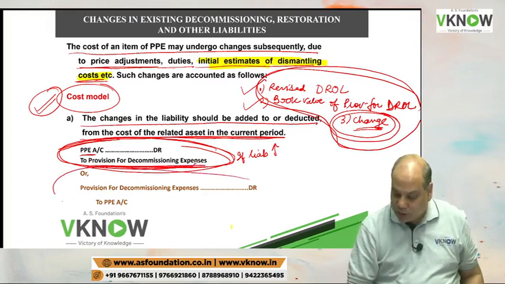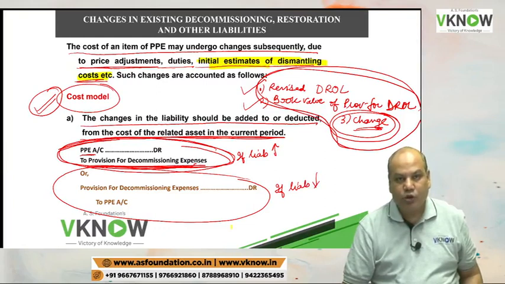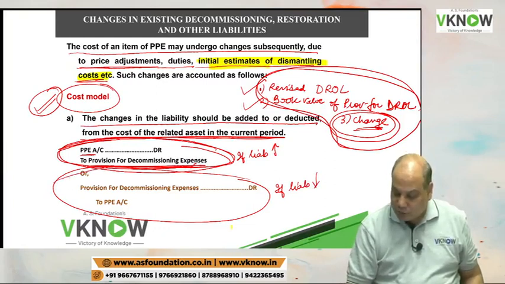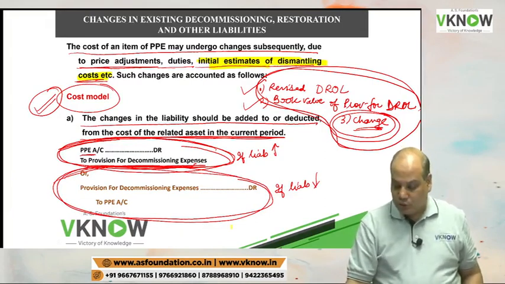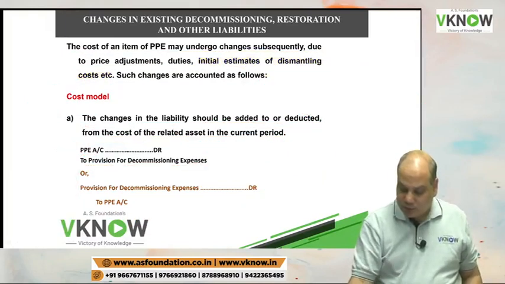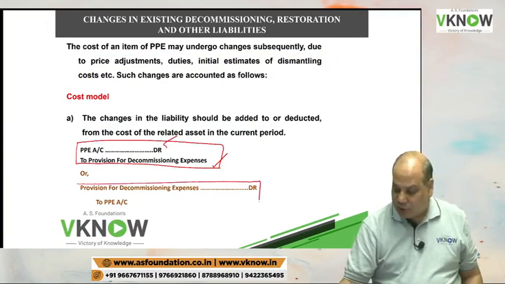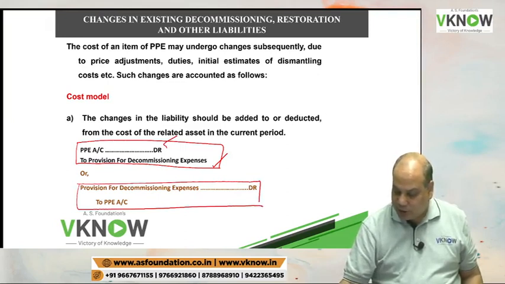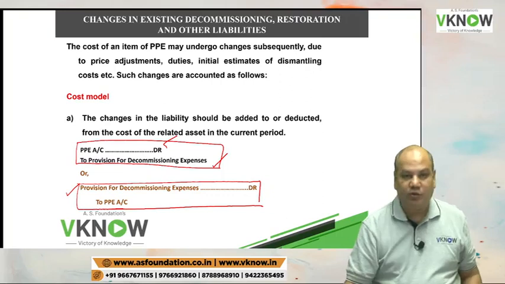But if the liability decreases, you will pass the entry: provision for decommissioning expense account to PPE account. Understood? Look at these two entries carefully. Very simple. Liability increases, PPE will be debited, liability will be credited. Liability decreases, liability account will be debited, PPE will be credited.